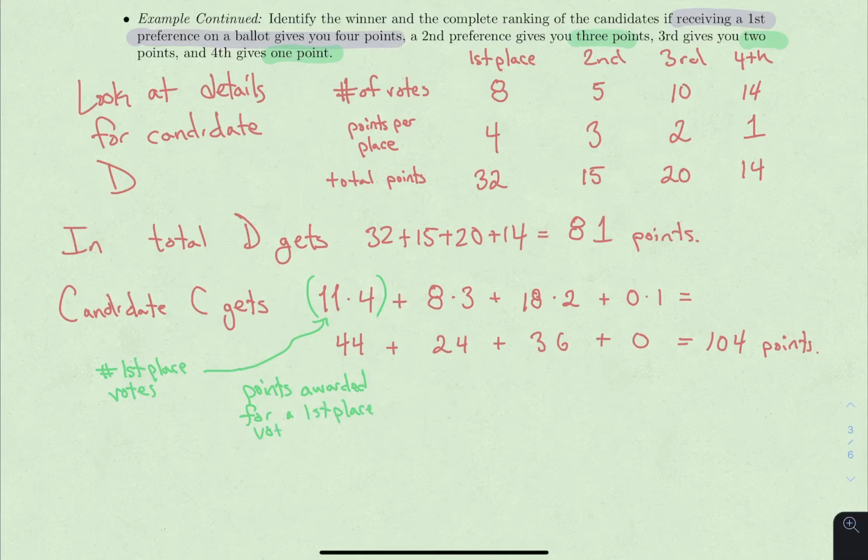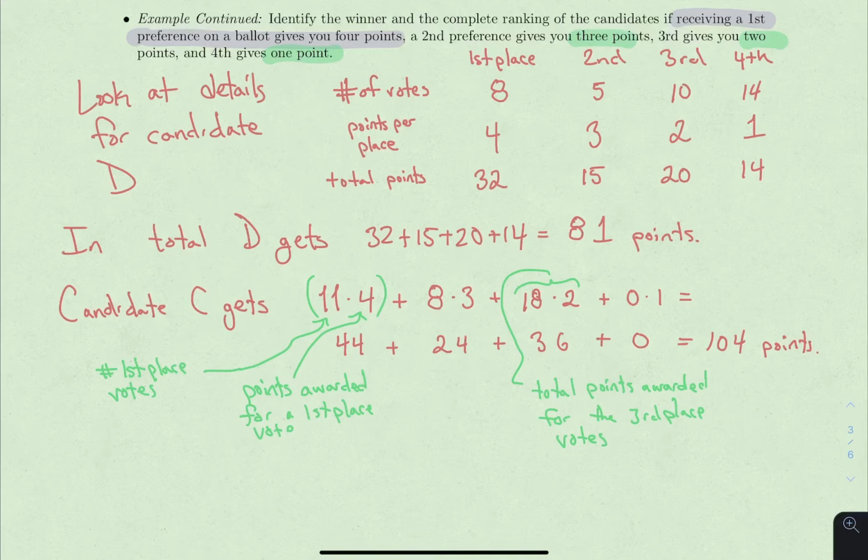So each product is composed of these 2 items. And then, for instance, this whole thing of 36 is total points awarded for the third place votes that C received.